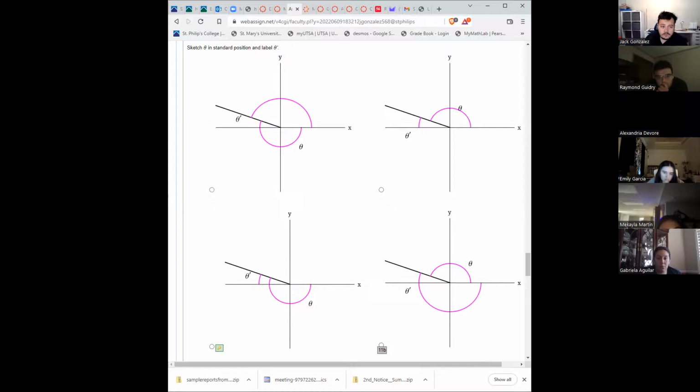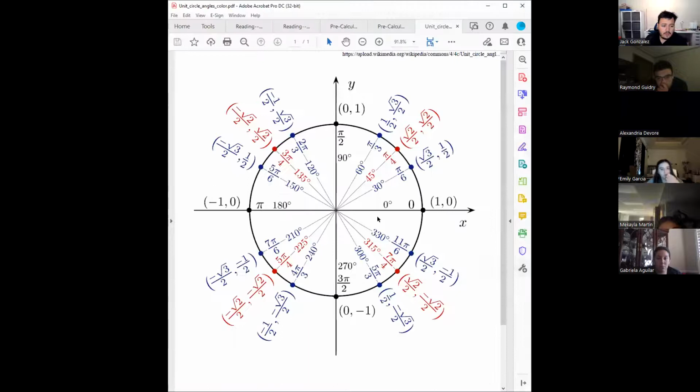So if you look at your circle, let's try to figure out where the heck negative 200 is. We know 210's right there, positive, right? So it's somewhere in here, 200. So negative 200 would be, let's see, here. Right here.